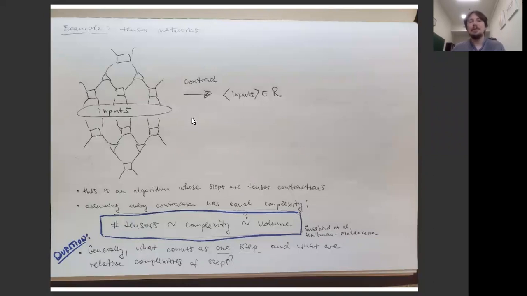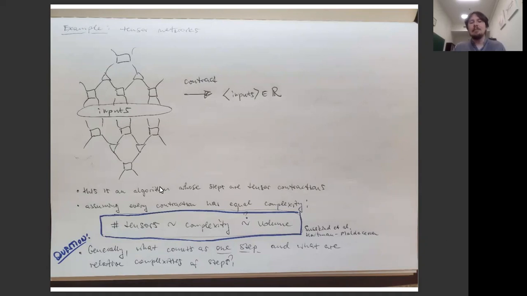How would you compute the expectation value of the input operator? You would take this operator, contract it with a tensor network of the state that you have prepared, both bra and ket here. And then you would contract all indices, and the outcome would be a real number, which is the expectation value of that operator input in the state.